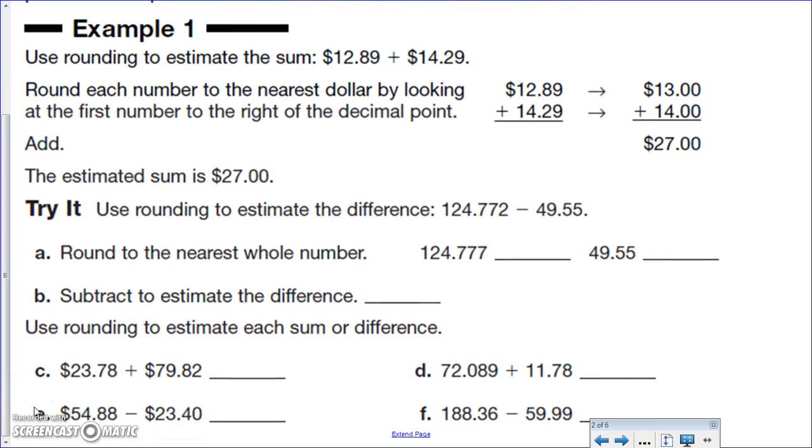For the try it, use rounding to estimate the difference, 124 and 772 thousandths minus 49 and 55 hundredths. So first, we're going to round each number to the nearest whole number. 124 and 772 thousandths rounds to 125.